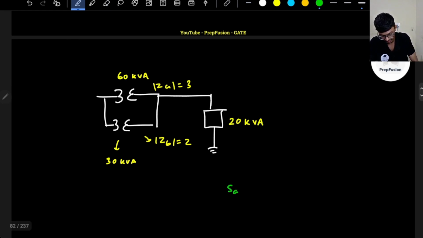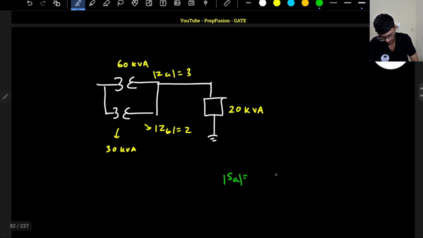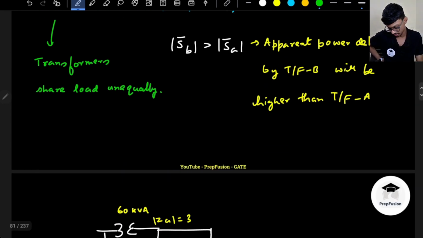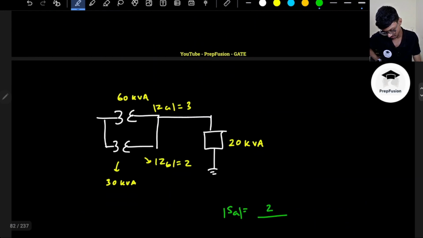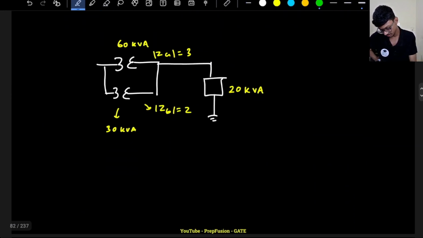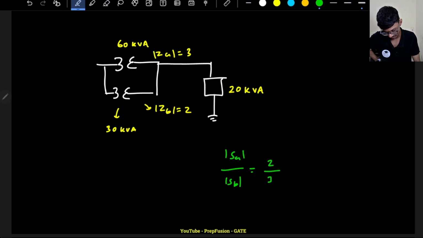SA will transfer basically ZB divided by ZA plus ZB whole magnitude, right? So SA divided by SB is inversely proportional, so this will be 2 divided by 3.